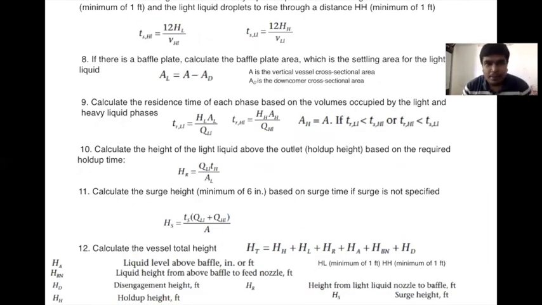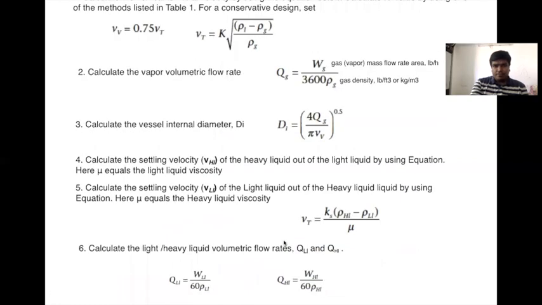Now you see in step number 7, which is quite important from the point of view of design, is that you have to calculate the settling times for the heavier liquid droplet to settle through the distance HL, right? Now, to get a clear picture, I will show you again what is HL.